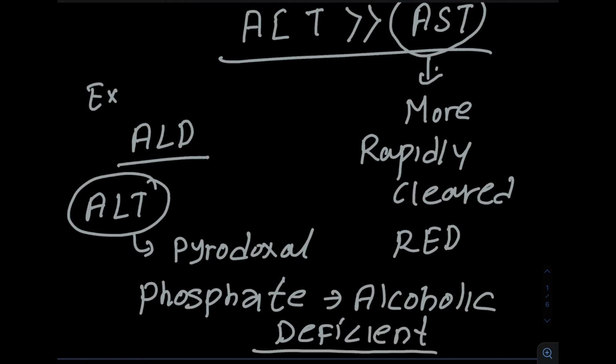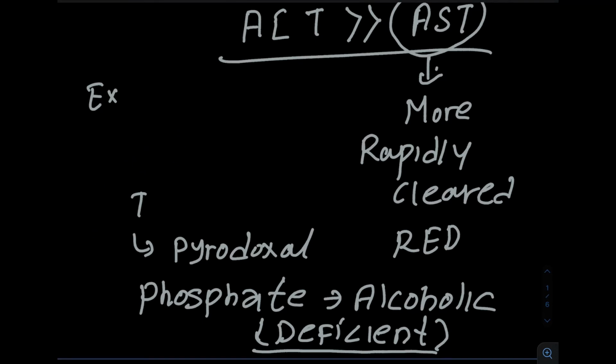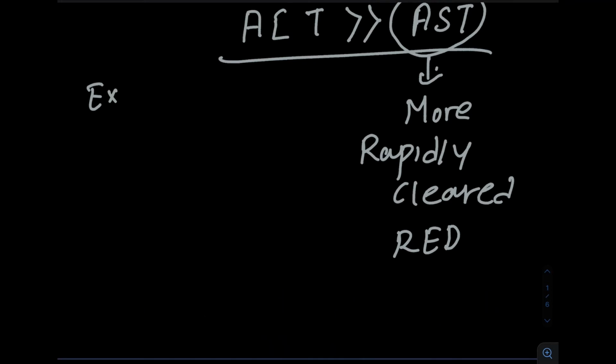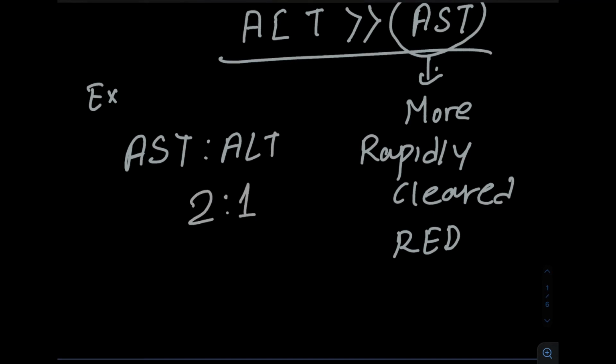Since the enzyme is deficient in alcoholic liver disease, ALT is less than AST. In fact, we do have a ratio for that. When the AST to ALT ratio is more than 2:1, we call it alcoholic liver disease.